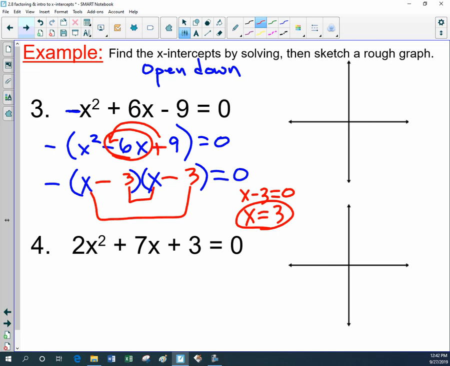So this one has how many intercepts? 1. And where is it? At 3. So at 3 is where the graph crosses the x-axis. So if there's only one solution, then this point represents the vertex of the parabola. Okay, and then we said the parabola opens which way? It opens down because A is negative. So from here, it would look like that.